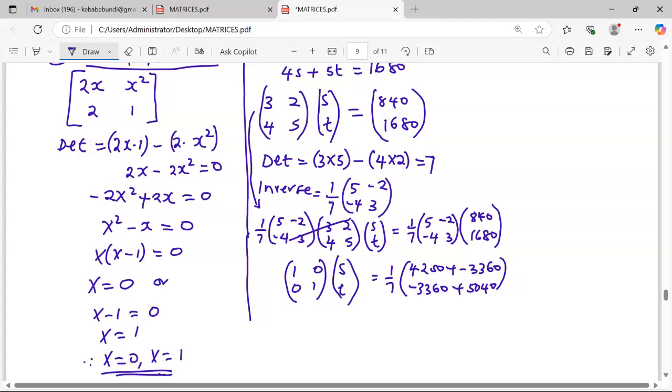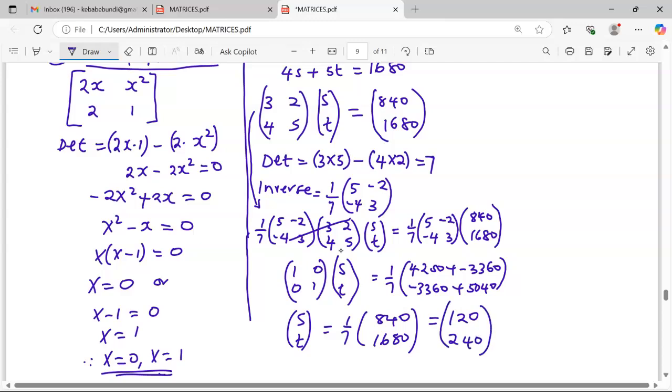After that, S and T is equal to 1 over 7 into 4200 minus 3360, which gives us 840. Then negative 3360 plus 5040 gives us 1680. Having done that, 1 over 7 times 840 gives us 120, and 1 over 7 times 1680 gives us 240.